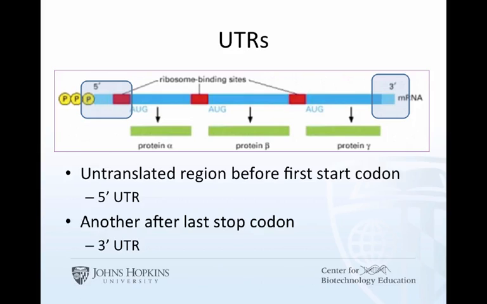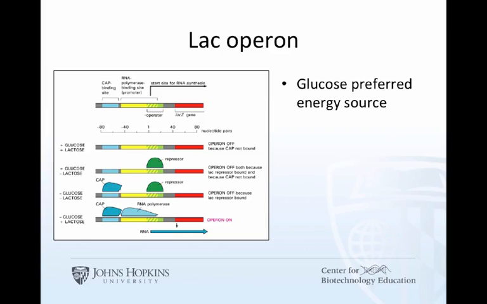Both UTRs are found in eukaryotes as well. So, from left to right on a bacterial mRNA, you have a 5' UTR, one or more coding regions, then a 3' UTR. Here is the well-studied lactose operon. Bacteria prefer glucose as an energy source.